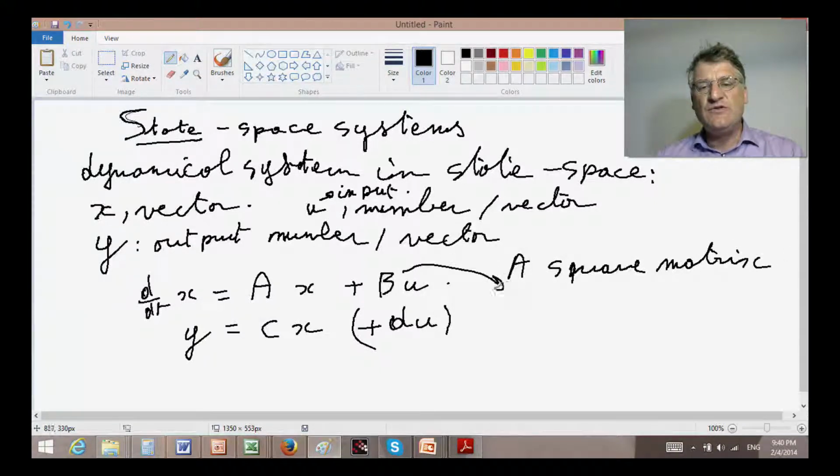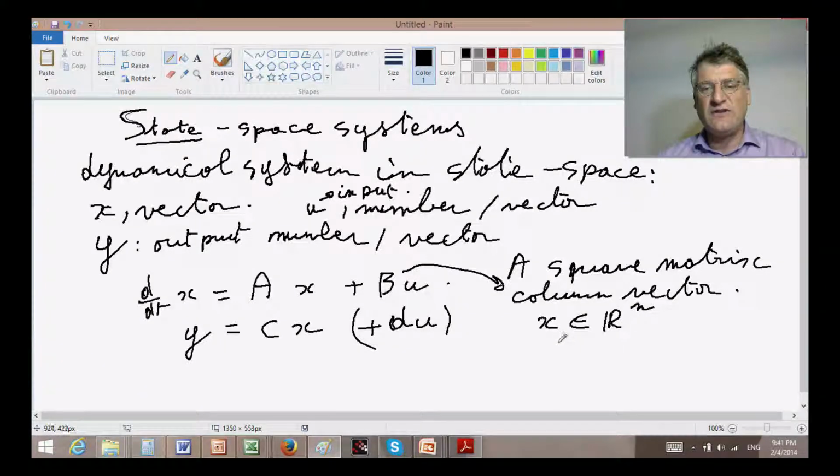And B is usually a column vector. It has as many entries as the size of x. So if x is real with n entries, then B will usually be real with n entries if u is a number.